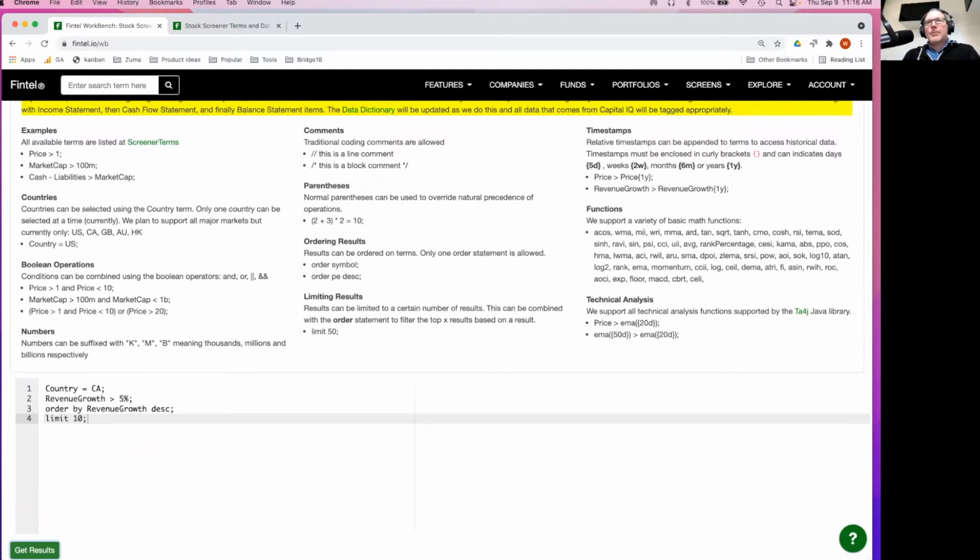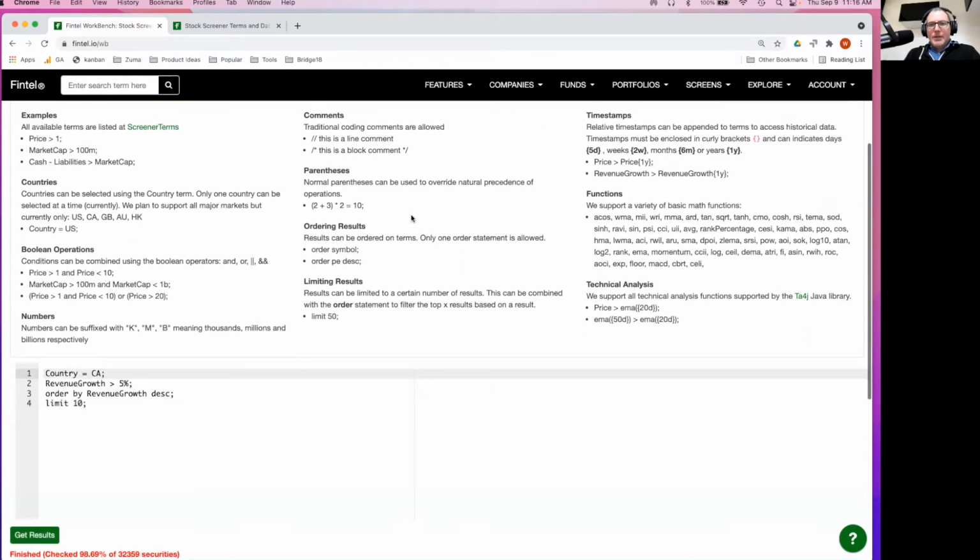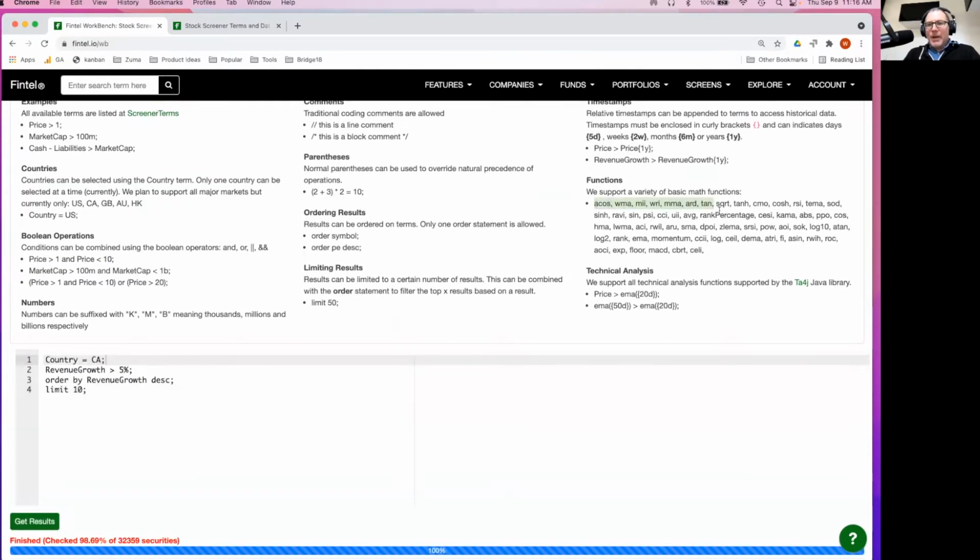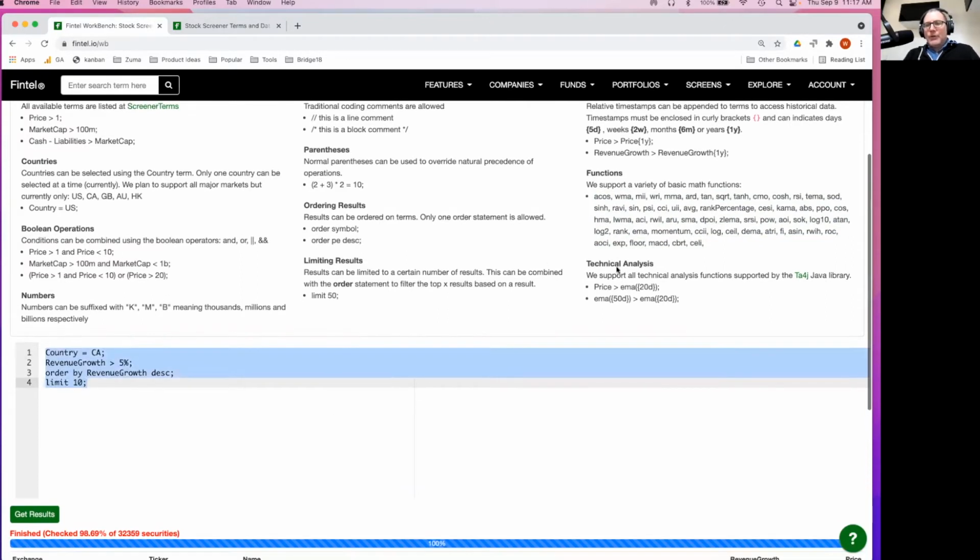Okay, so let's talk about functions. We do have functions here. Here's some basic math functions that we have. I can't speak to all of these, but I'm not sure why you would use a tangent in a screener, but you have it here. But some of the functions that are interesting are some of the technical analysis functions.